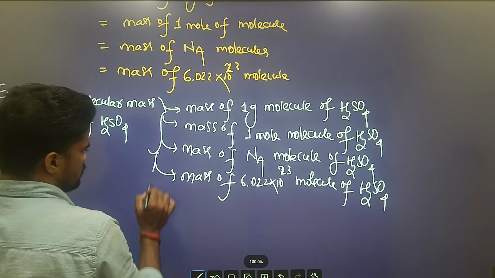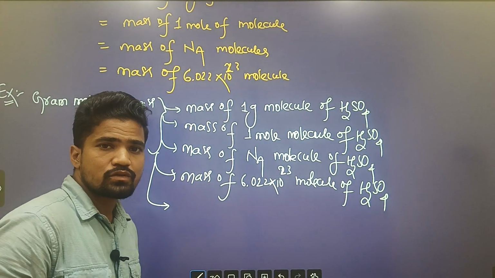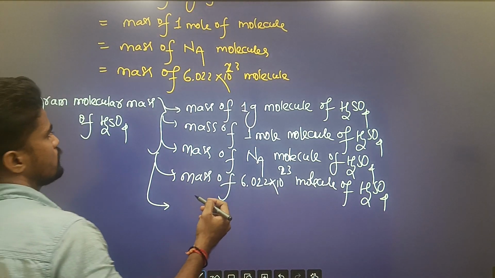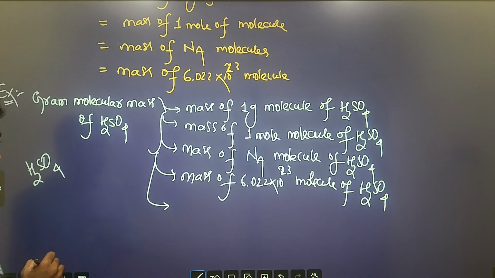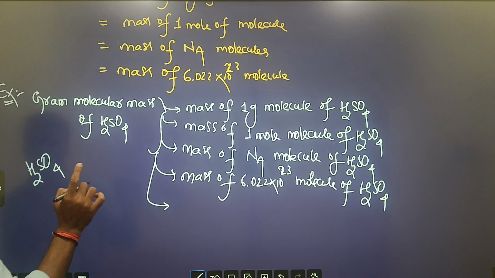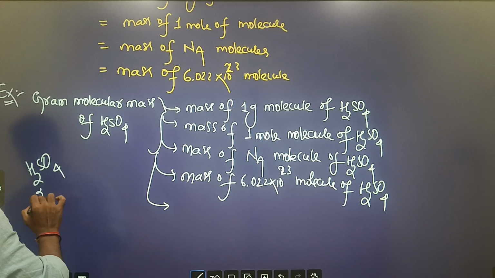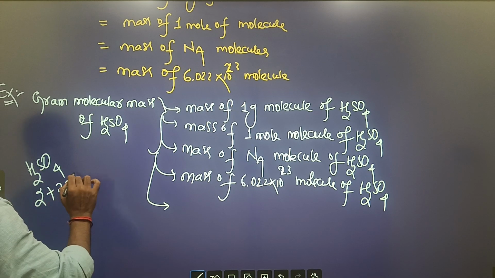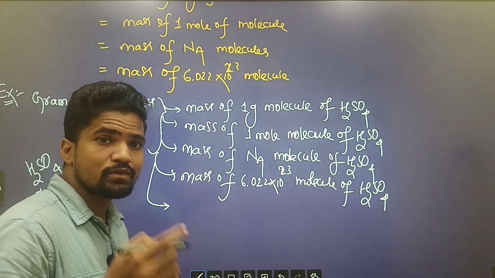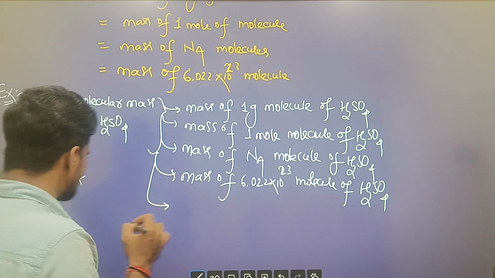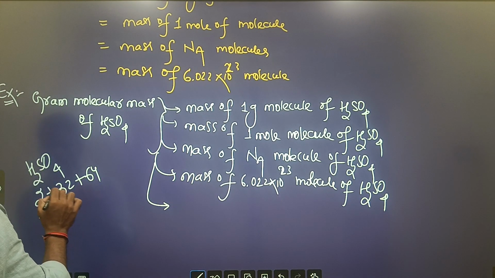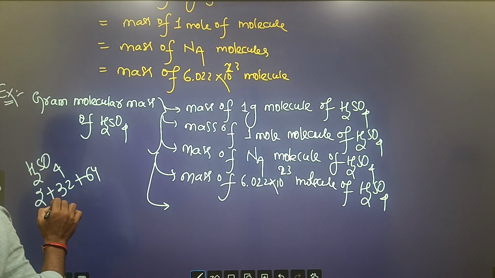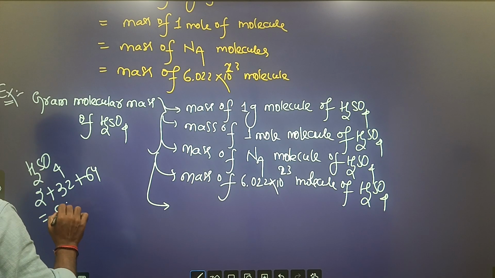So what is the mass of sulfuric acid? Mass of H2SO4: the mass of one hydrogen atom is 1, so 2 hydrogen atoms give 2, plus the mass of sulfur is 32, plus the mass of one oxygen atom is 16, so 4 into 16 is 64. So 32 plus 2 is 34, plus 64 is 98 gram.